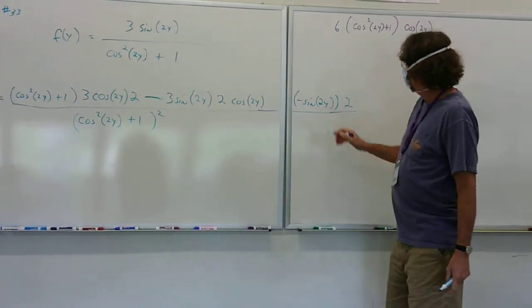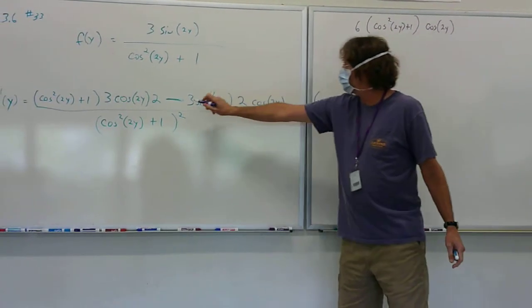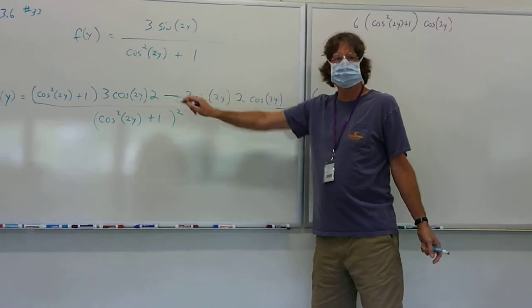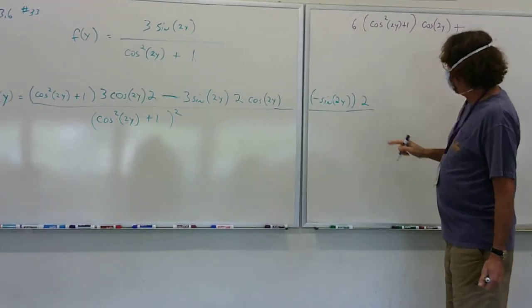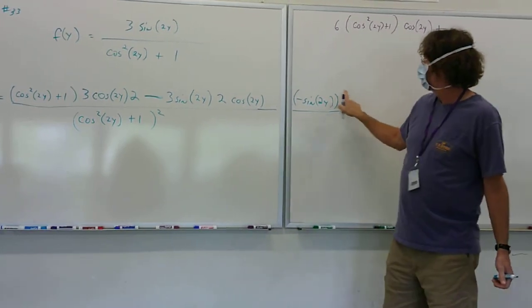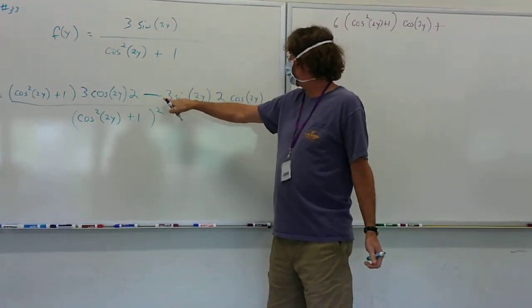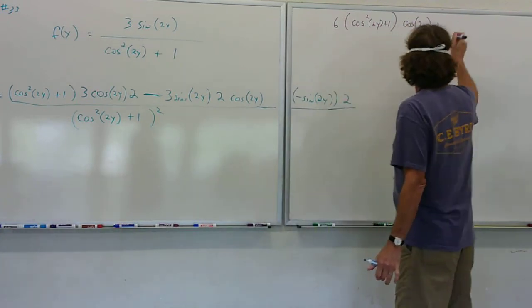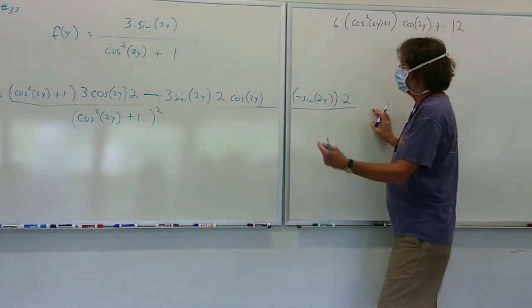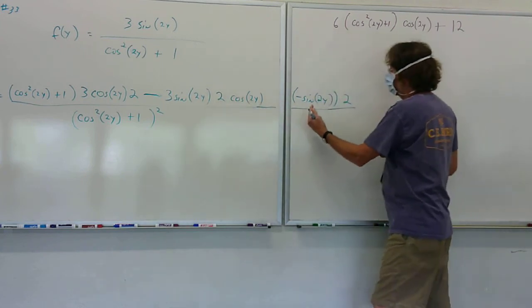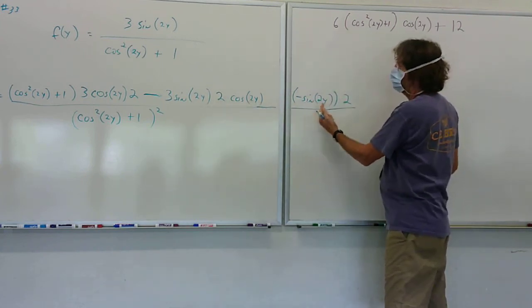Now, see this negative and this negative? What kind of sign does that make between them? Positive. And then I do have a 2 times a 2 times a 3, which would make 12. And then I've got a sine 2y here, and a sine 2y here.